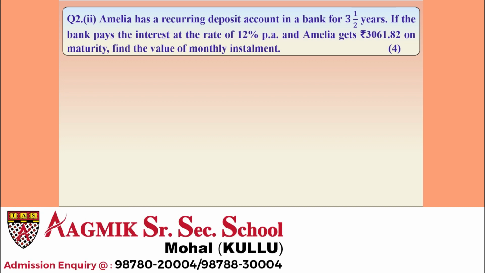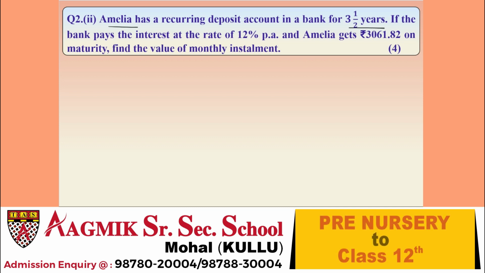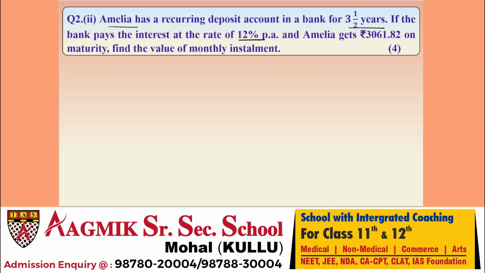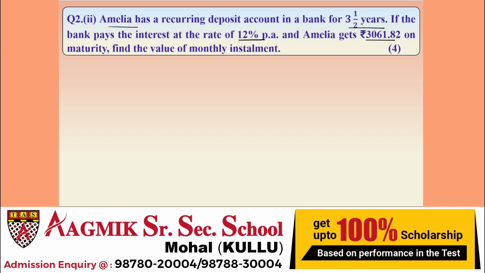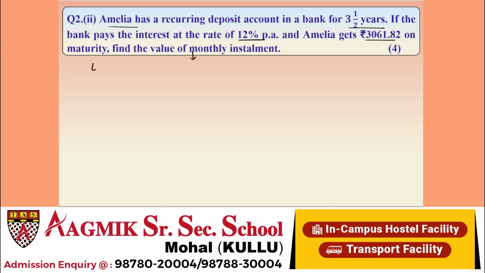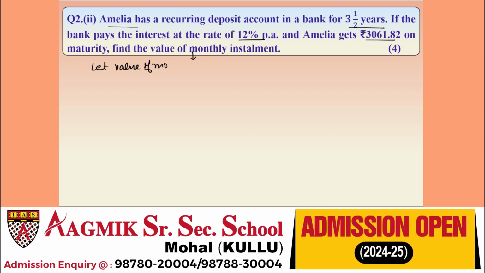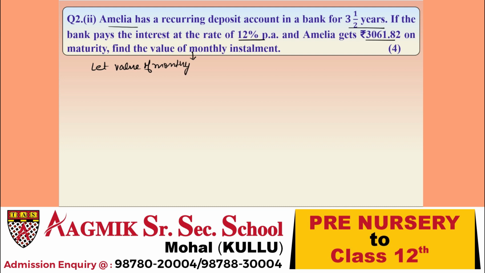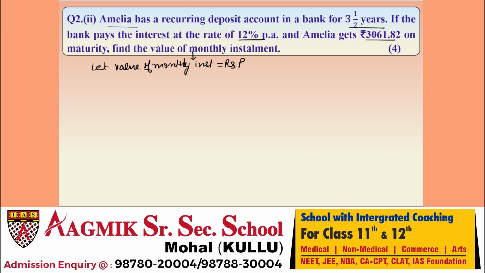Now question number 2, second part is, Amelia has a recurring deposit account in the bank for 3.5 years. If the bank pays interest at the rate of 12% per annum and Amelia gets rupees 3061.82 on maturity, find the value of monthly installment. Now we need to obtain the value of monthly installment, so let the monthly installment be rupees P. Now look here.